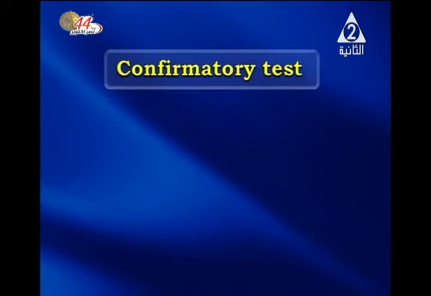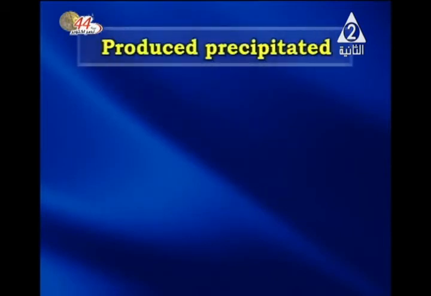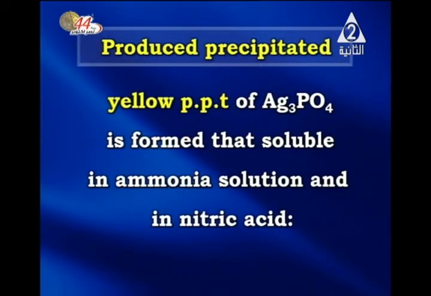Now we are going to discuss the confirmatory test. Here, the salt solution plus silver nitrate solution. The produced precipitate is yellow precipitate of silver phosphate, which is soluble in ammonia solution and in nitric acid.